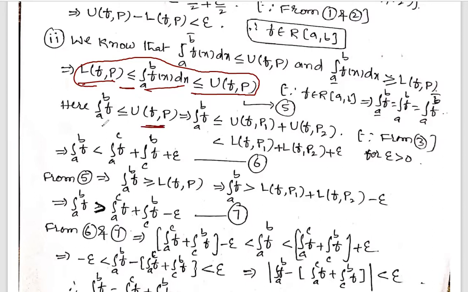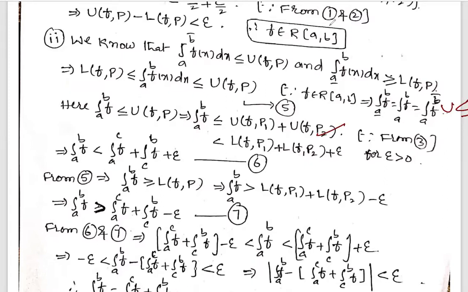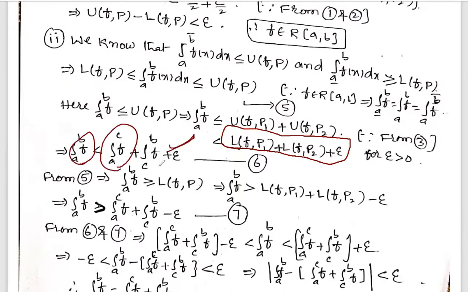UPF lies between; integral a to b f is less than or equal to U(f,P). So how will you write this? What is UPF? U(F,P1) plus U(F,P2), this one. And obviously U is less than or equal to L, so that is what we wrote: L(F,P1) plus L(F,P2) plus epsilon. Next, this is what you'll get: integral a to c and integral c to b, plus epsilon.